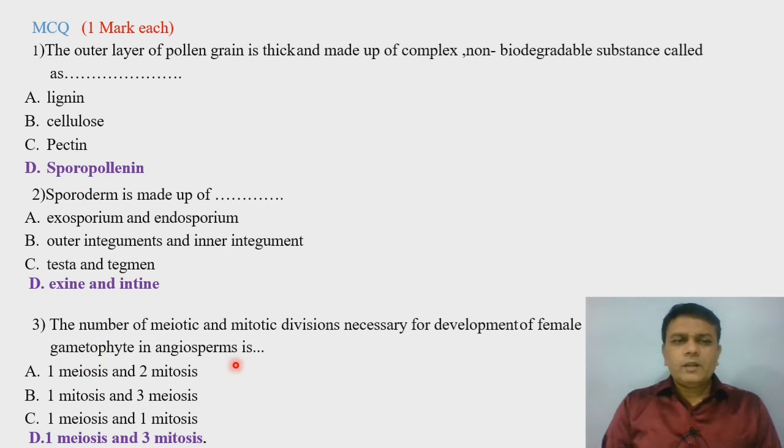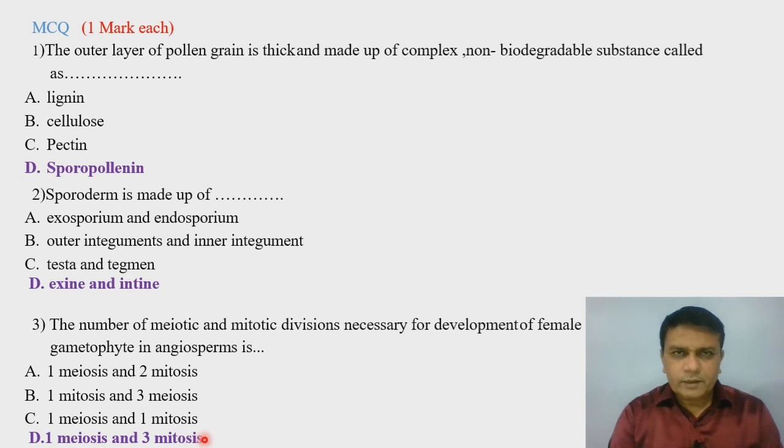Now the alternatives given are A is 1 meiosis and 2 mitosis, then B 1 mitosis and 3 meiosis, C 1 meiosis and 1 mitosis, and the correct answer is the D alternative, that is 1 meiosis and 3 mitosis.